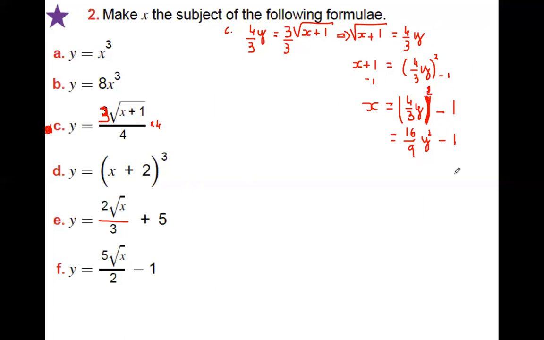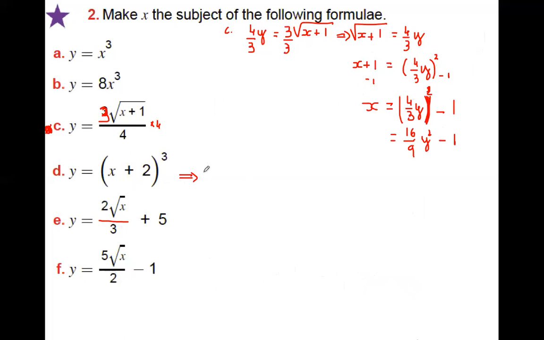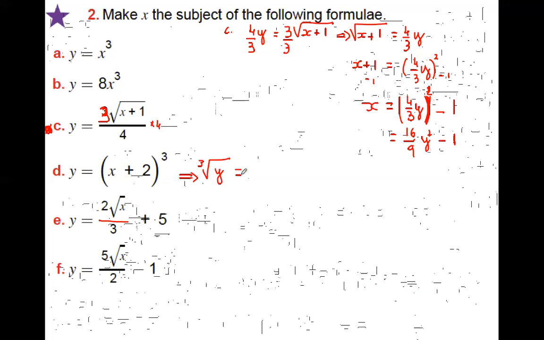Okay. So again, this is 5 times root x. And what I was saying, if you get a cube, you just need to cube root. So that's even easier because you need to take the cube root of y, cube root of y equal x plus 2.